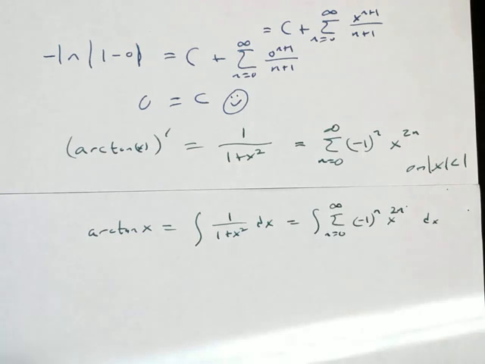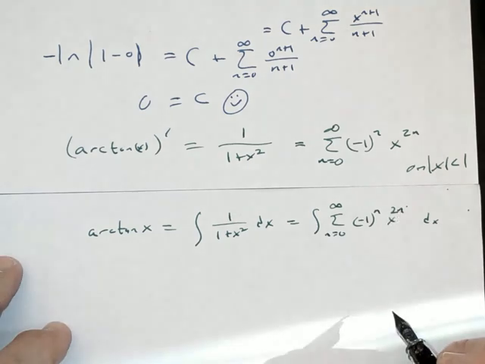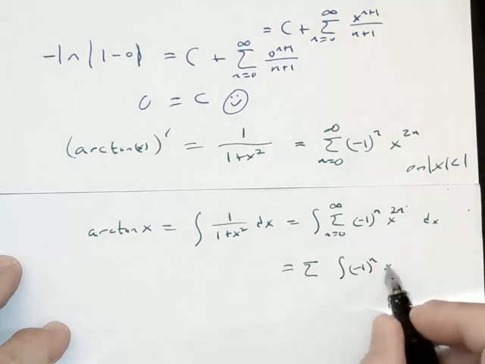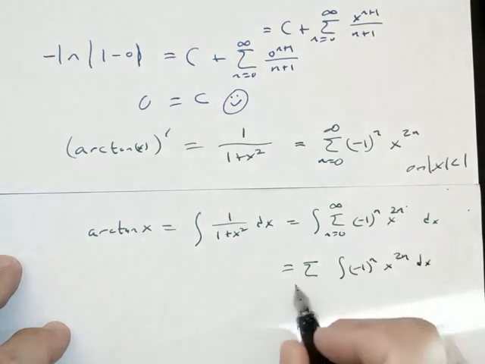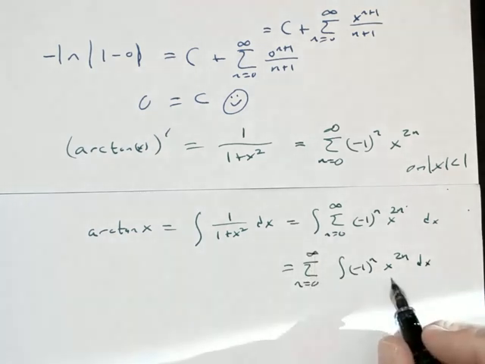So if I do this term by term, the integral of x to the 2n is the antiderivative of x to the 2n.